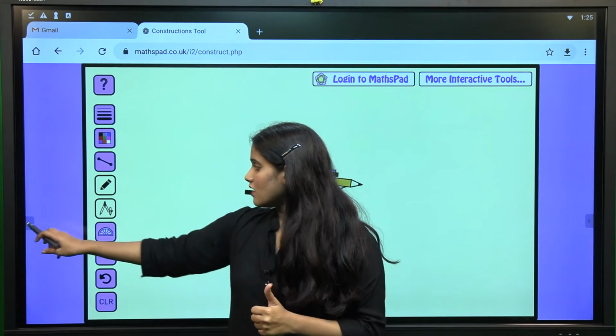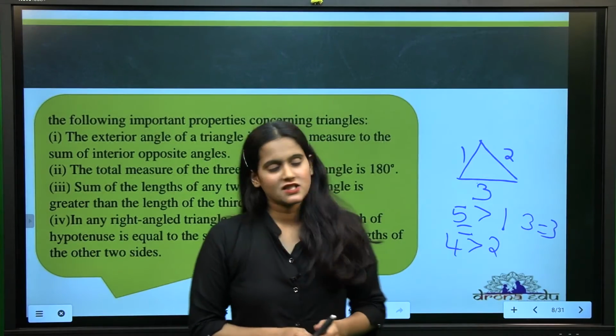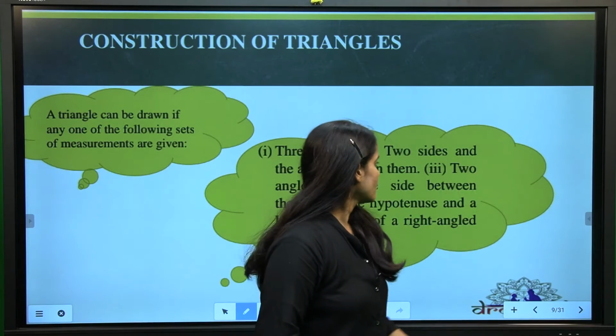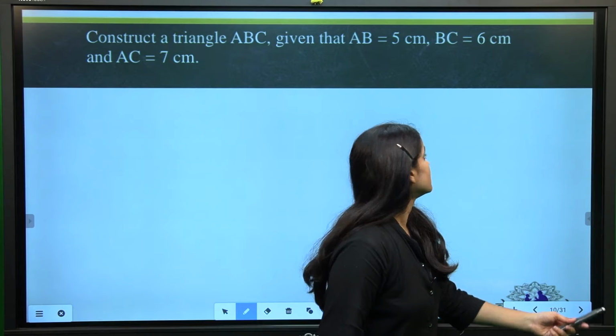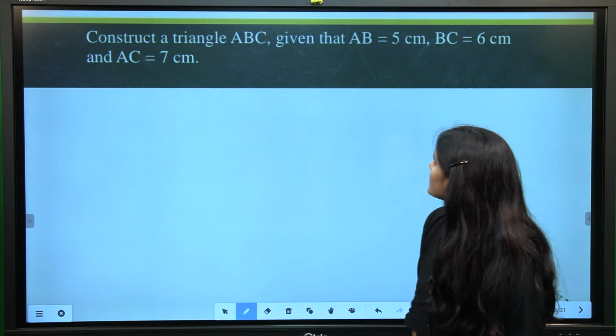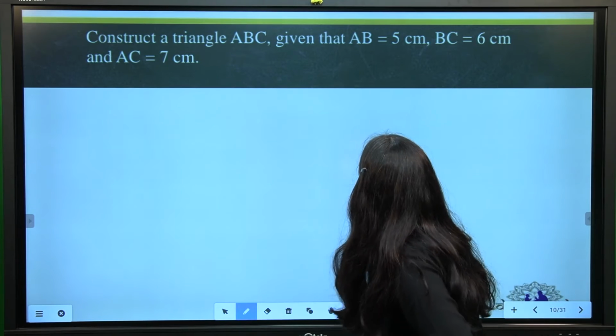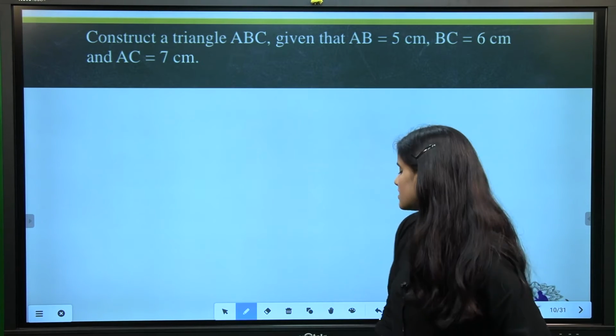Okay. So, now let us do the construction of a triangle based on the given problem. So, let us see the problem then. This one is already done. What was that? Construct a triangle ABC, given that AB is 5 centimeter, BC is 6 centimeter, AC is 7 centimeter.